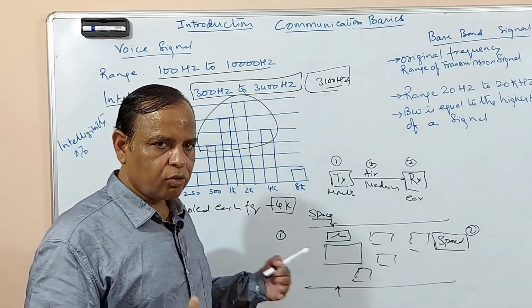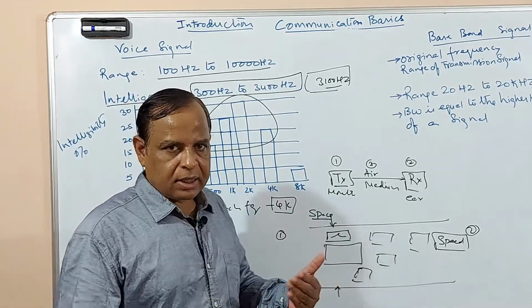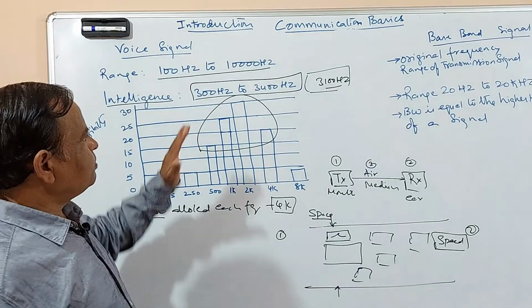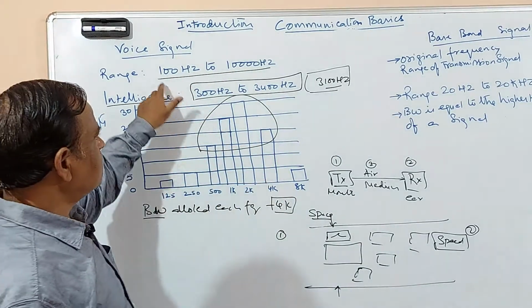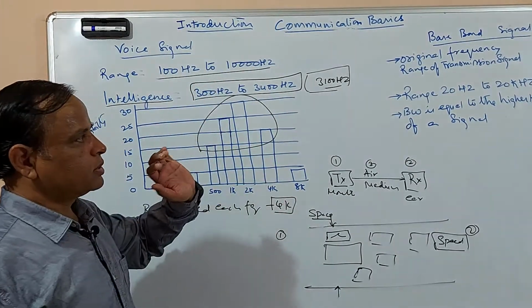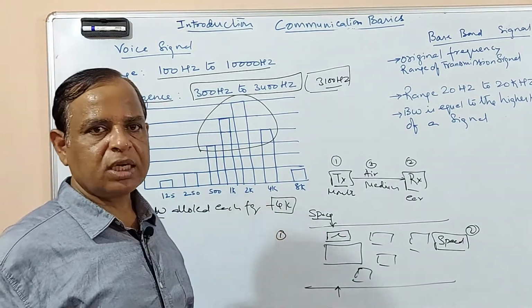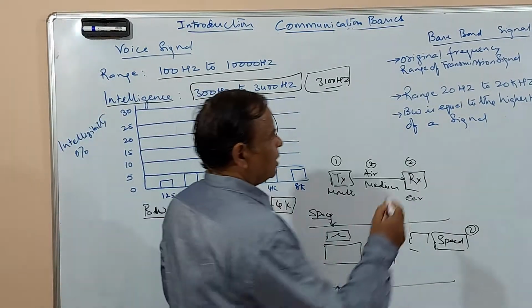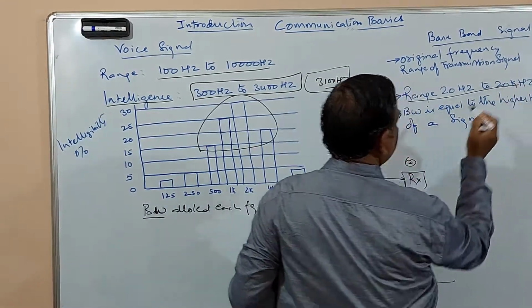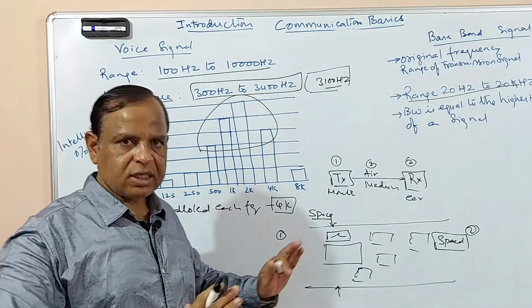The original signal we generate has certain frequencies, ranging within a certain range. We have generated some frequencies, and this is a baseband signal. Its range is between 20 Hertz and 20 kilohertz.